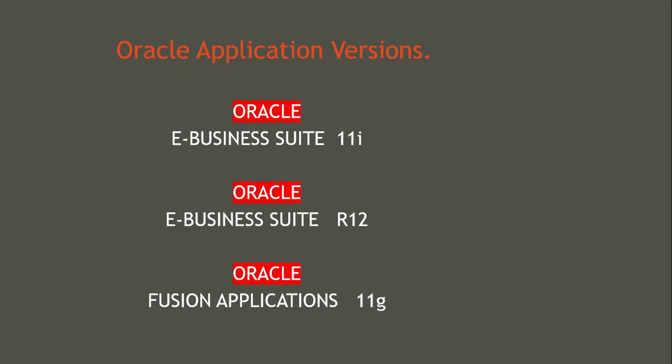So we have E-Business Suite 11i, R12. We have so many product families in R12, but we are going to learn Oracle Financials only. Then we have Fusion Applications, that is 11G. On 11G, Oracle checked the best ERPs in the market from different product families and fused them as one application.